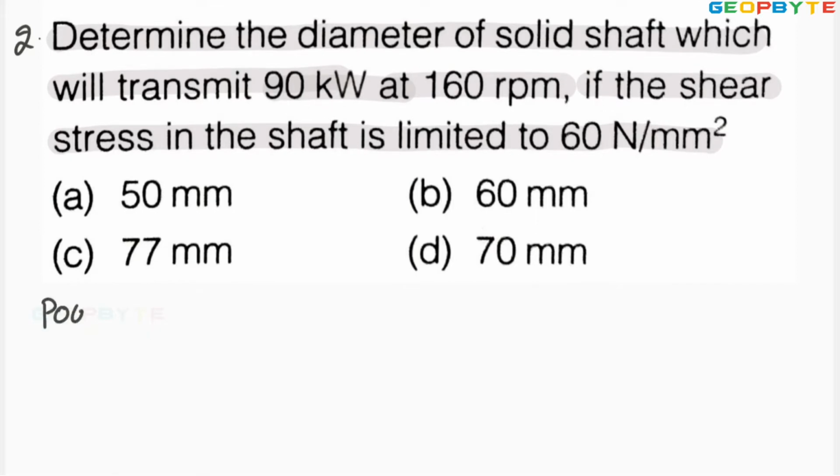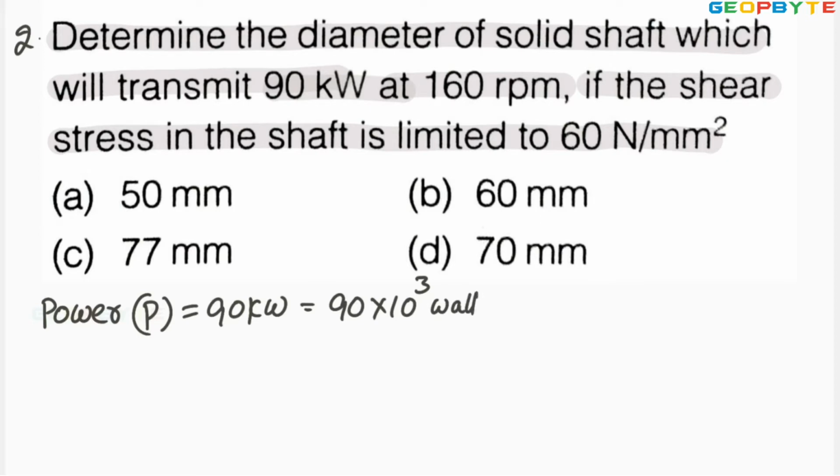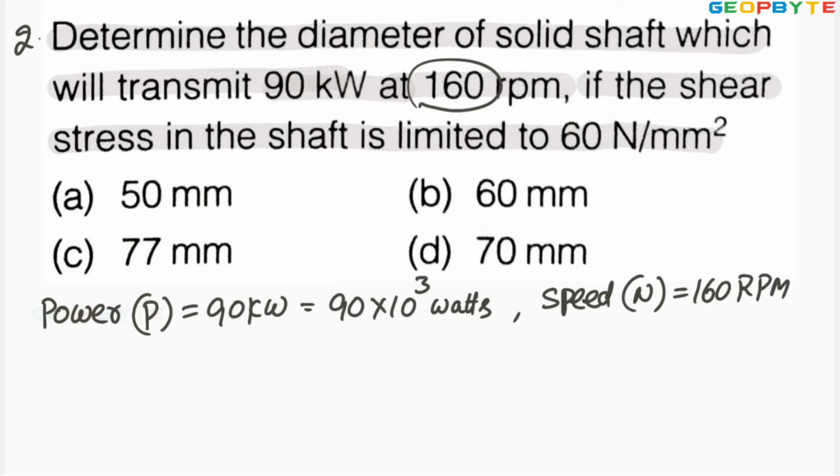Power P equal to 90 kilowatt. It is equal to 90 multiplied by 10 power 3 watts. And speed n equal to 160 revolutions per minute.